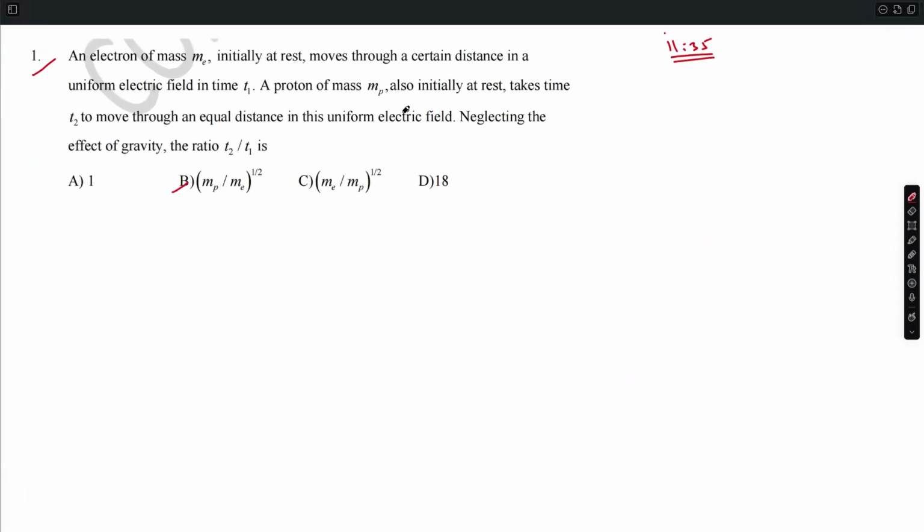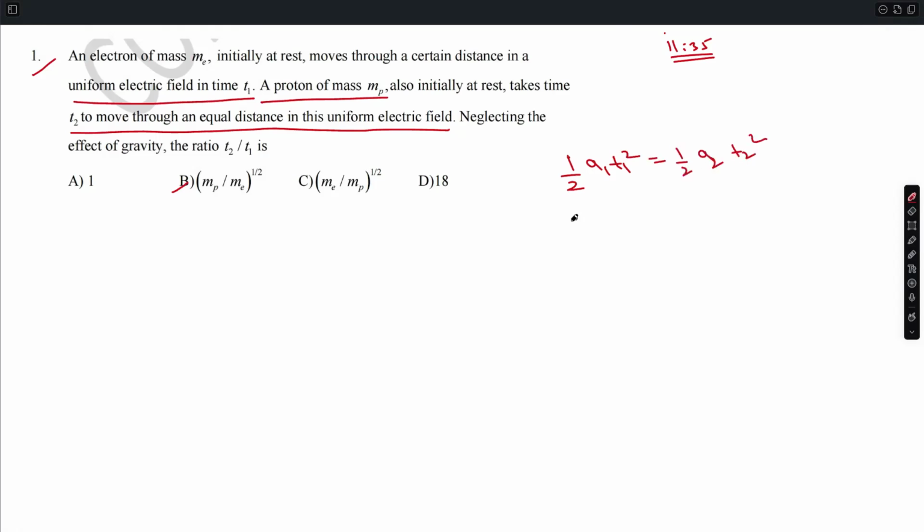An electron of mass me, initially at rest, moves through a certain distance in a uniform electric field in time t1. A proton of mass mp, also initially at rest, takes time t2 to move through an equal distance in a uniform electric field. What is the time ratio? See, please try to understand. Same distance, so half a1 t1 square is half a2 t2 square.